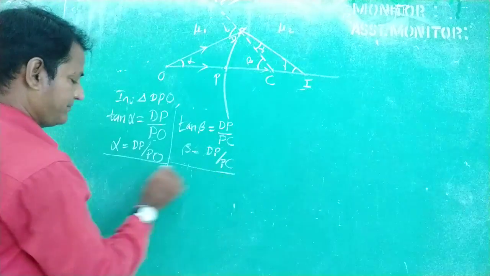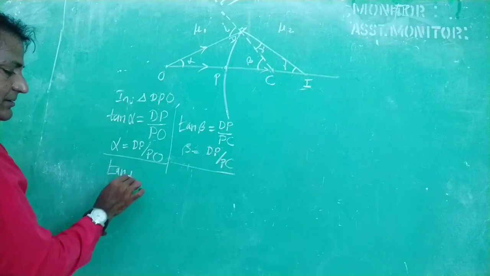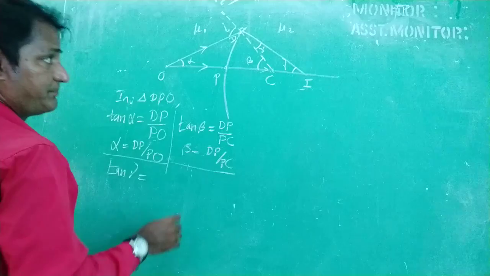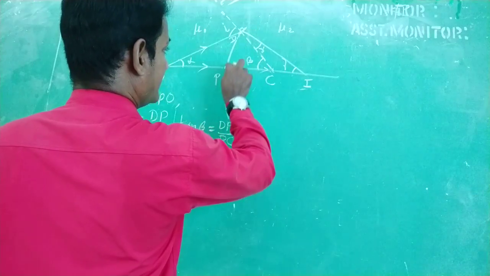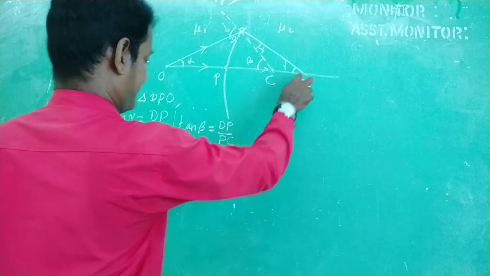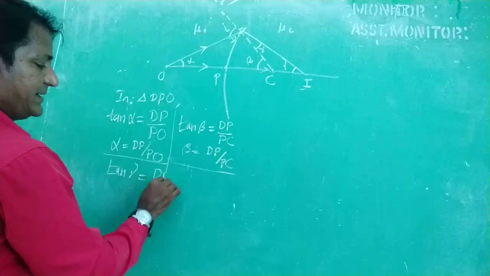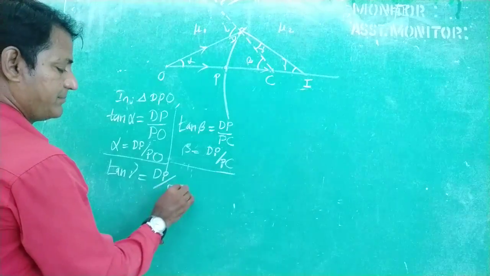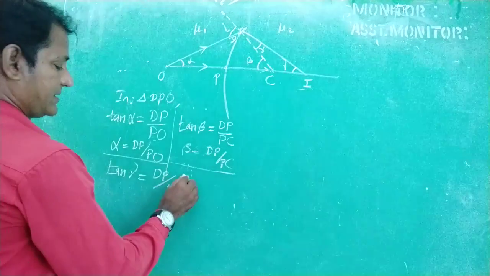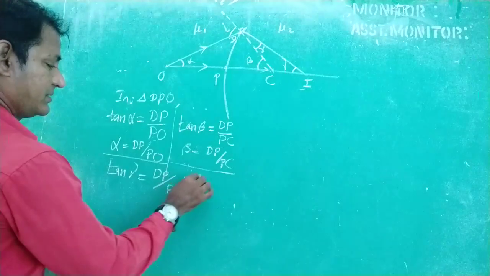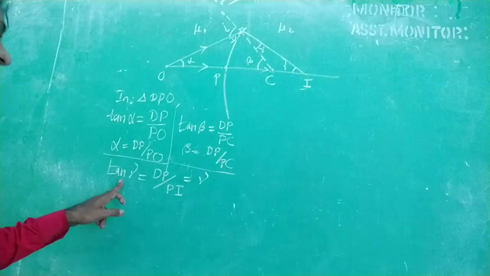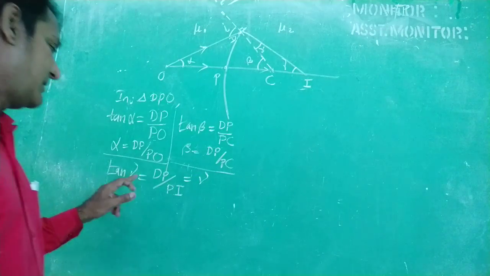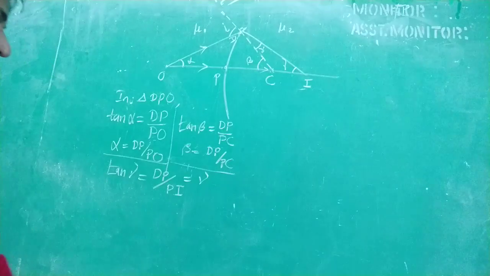For tan gamma in triangle DPI, since the angle is small, gamma is equal to DP by PI.